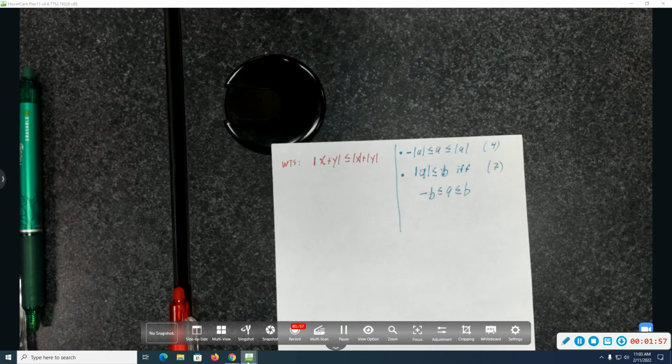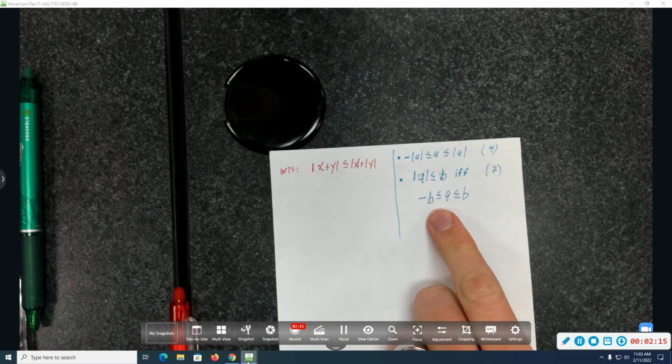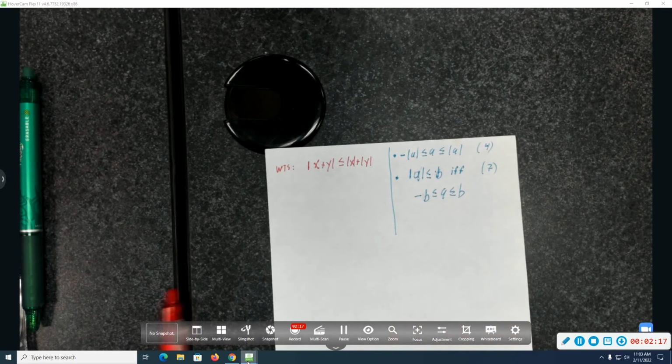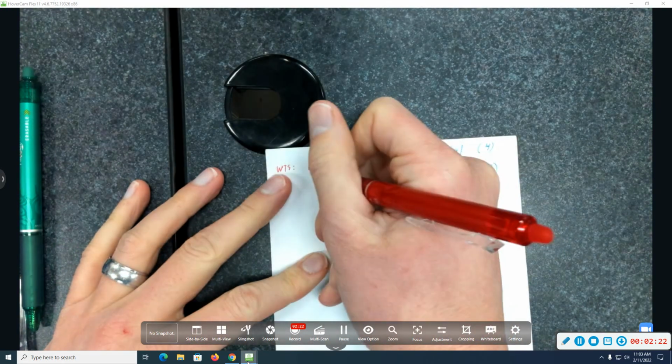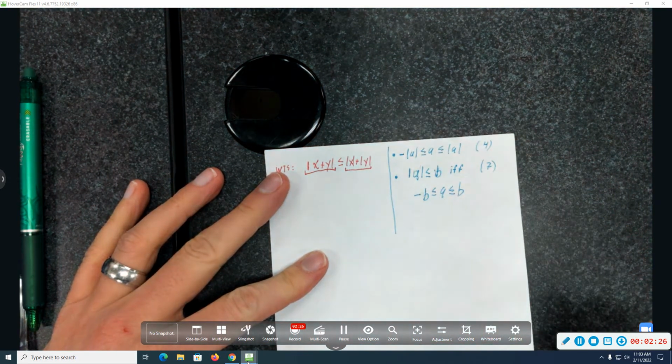So do one of those things seem to give you something that might be useful? So this one says, yeah. I feel like there's an application of 7 somewhere. I'm not quite sure how. Yeah, so this looks like absolute value of a thing is less than or equal to a thing.